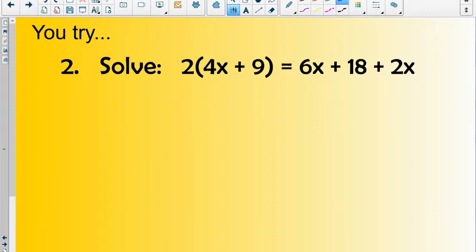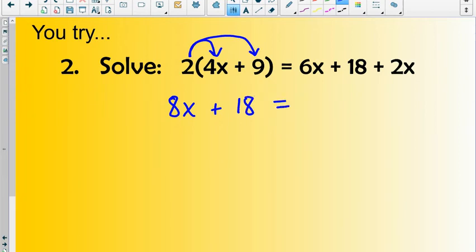The first thing I would do here, starting on the left-hand side of the equation, I want to simplify what we have there. So we're going to start by distributing the 2 by multiplying it into the parentheses. 2 times 4x is 8x, and 2 times 9 is positive 18. I get 8x plus 18.